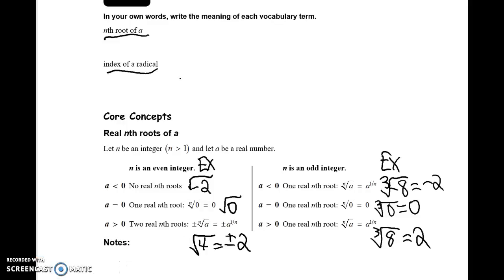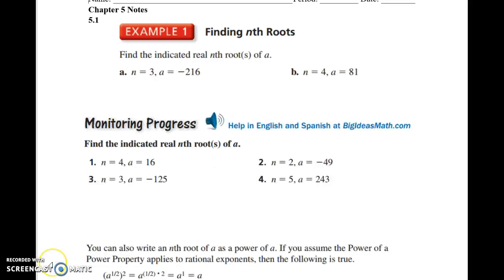Now go to example 1 in your notes packet and follow along. For part A, we need to look at n equals 3, which is odd, and a is -216, which is less than 0. So if you look back at your chart in your journal, you can see that there's going to be one real root here.